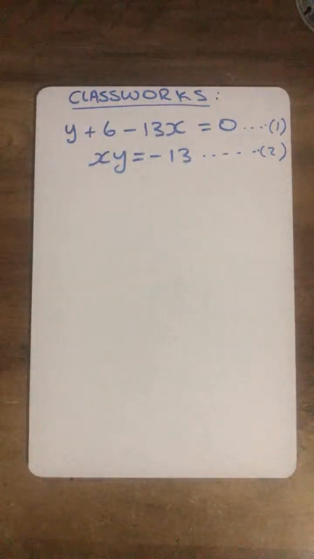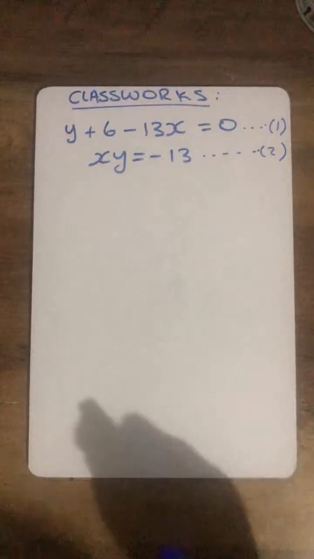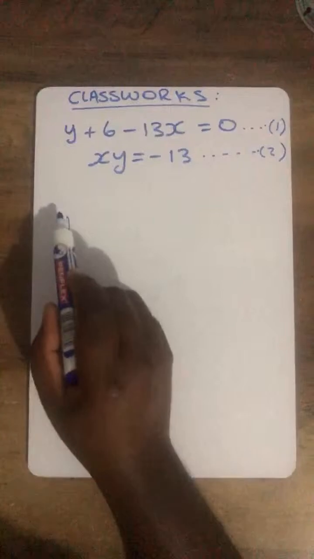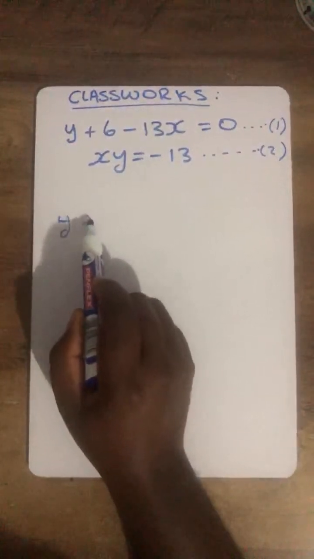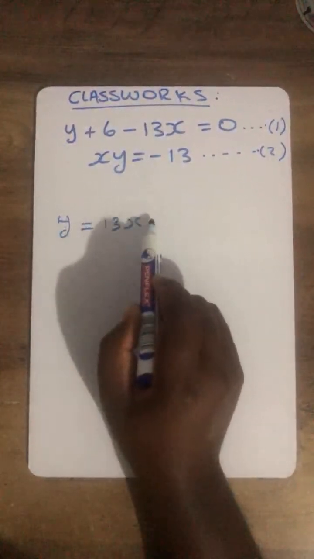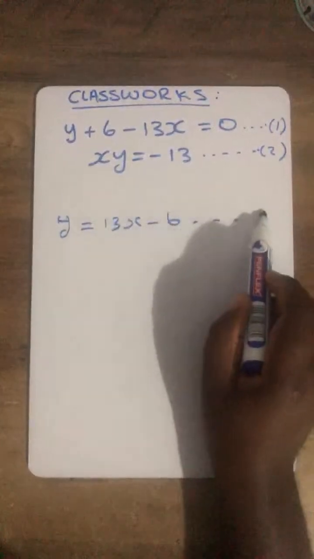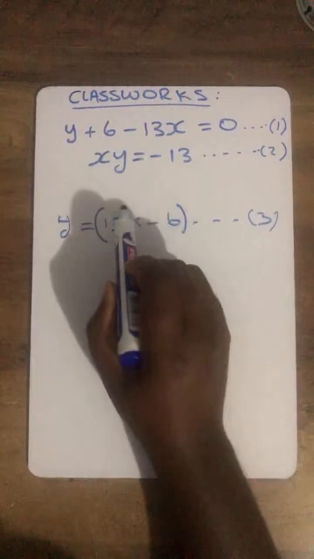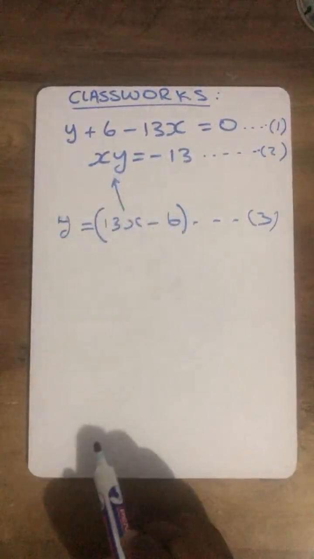I'm getting confused on steps. Do I substitute x and y? Remember, let's say you got this as your equation number 3. You need to take this and substitute it there. Then you start solving.